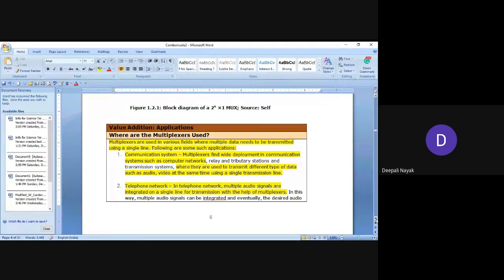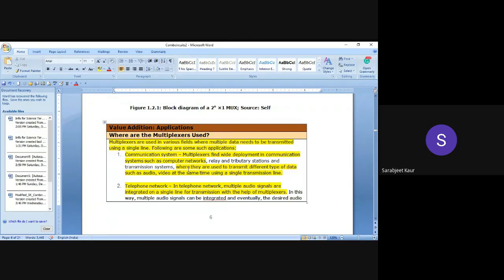Where are the multiplexers used? Multiplexers are used in various fields where multiple data needs to be transmitted using a single line. Following are some such applications. Communication system: multiplexers find wide deployment in communication systems such as computer networks, where they are used to transmit different types of data such as audio and video at the same time using a single transmission line.